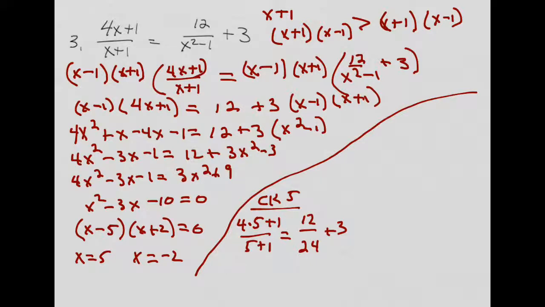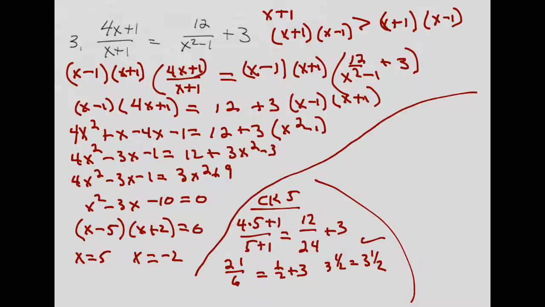So I've got 21 all over 6, is equal to 1/2 plus 3. This would be, 6 will divide in, that would be 3 1/2. So I have 3 1/2. So that checks.